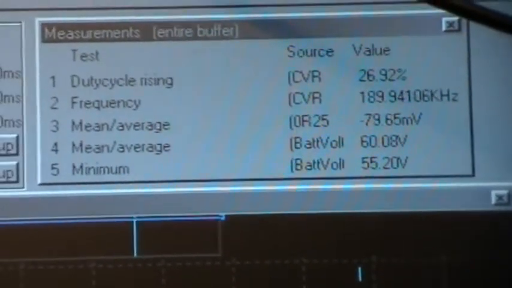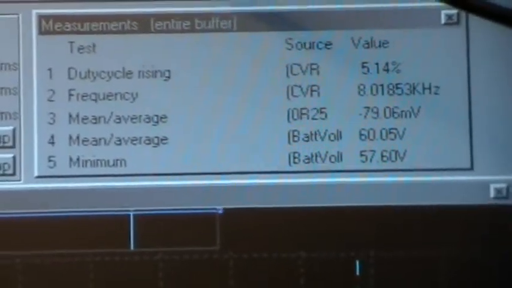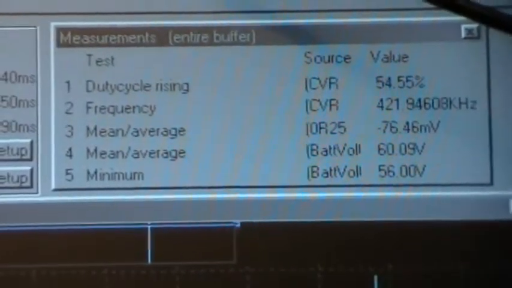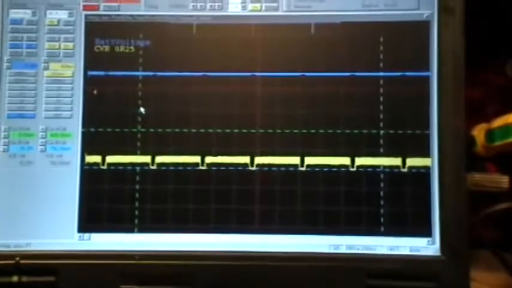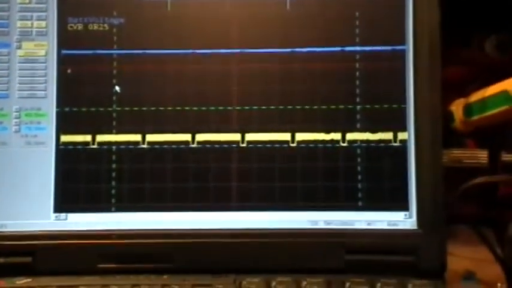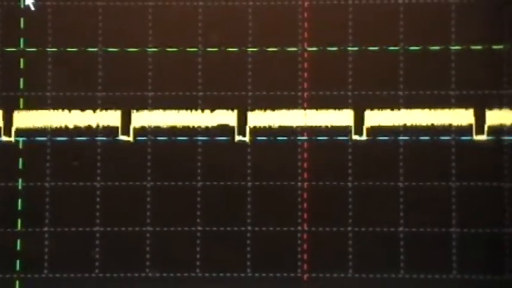So it's within a millivolt or two of what it was before. There's been essentially no change in the mean average computed by the scope from the big oscillation signal to this oscillation here, where you can see a little bit of elevation in the Q2 current.